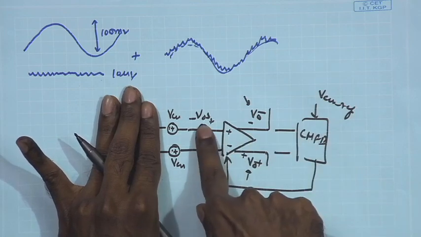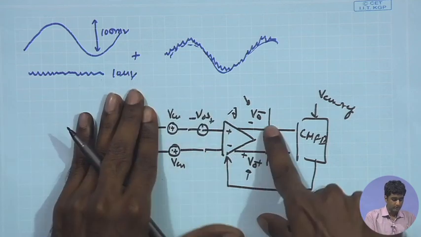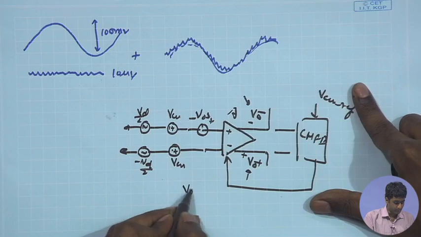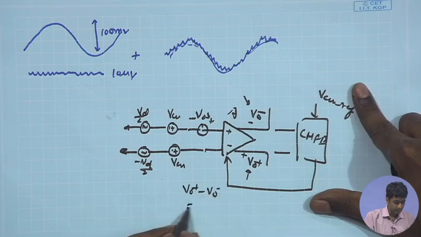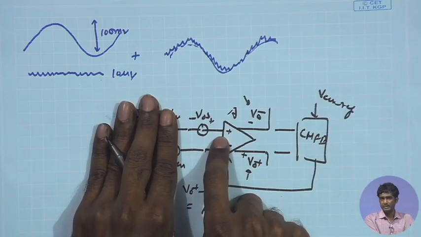But if there is a V offset coming in over here and you have the gain A, VO plus minus VO minus will be different, and we can say that VO plus minus VO minus will be equal to A times the V offset, because in that case the V offset is going to be an effective differential signal between the two inputs.